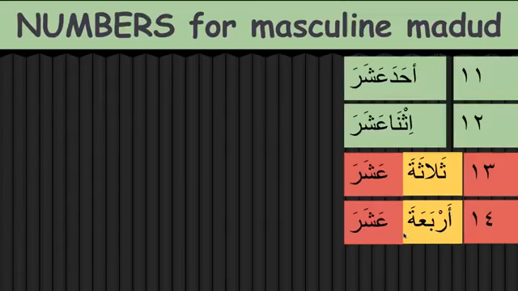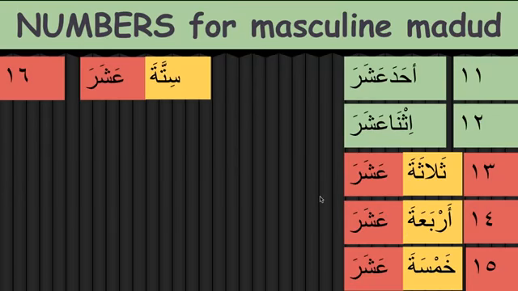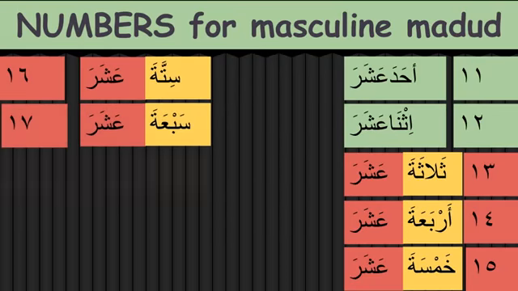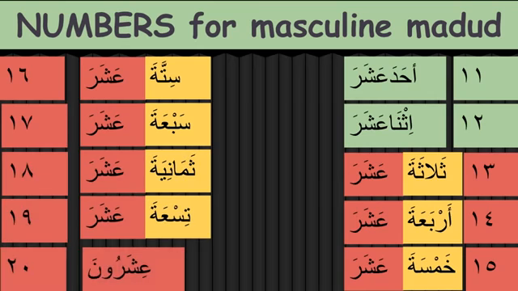Arba'ata ashara, khamsata ashara, sittata ashara, 16. 17 will be sab'ata ashara, thamaniyata ashara, tis'ata ashara, and then ishrun. Ishrun we're going to do later, but just to see that it has a different pattern, like the jam' mudhakkar salim, mudarrisun, muslimun, the same pattern we will do later. So if we concentrate on 13 to 19, for a masculine ma'dud the first number will be feminine and the ashara will remain masculine for a masculine noun.